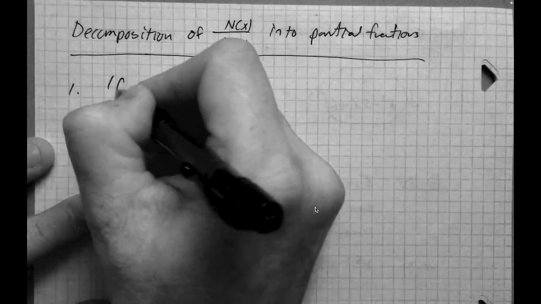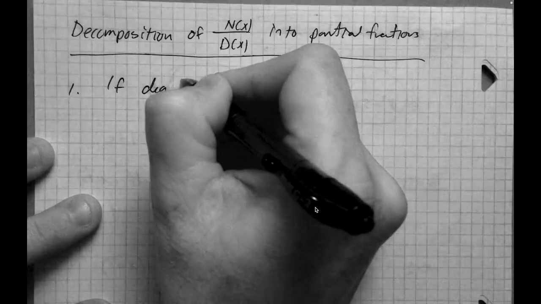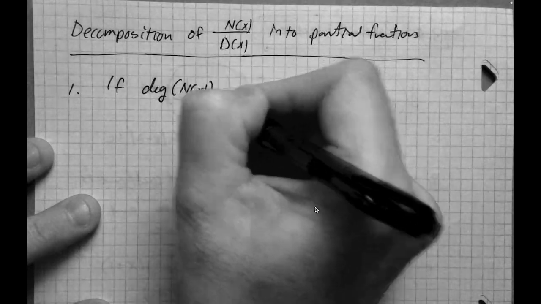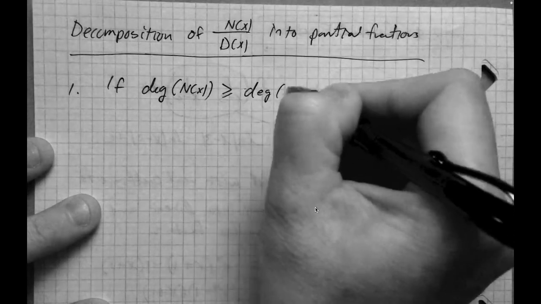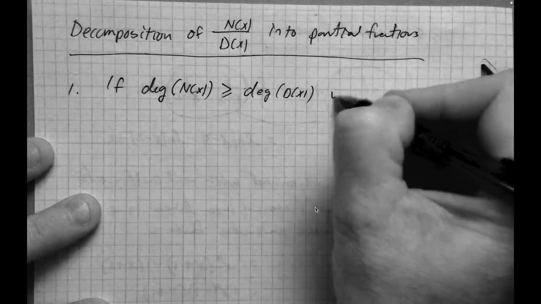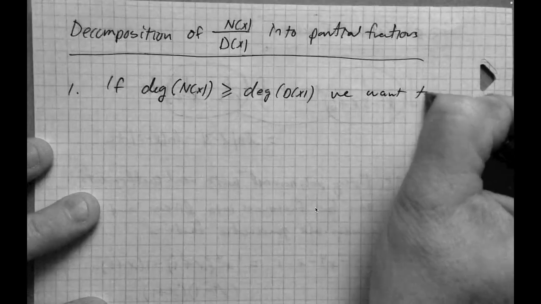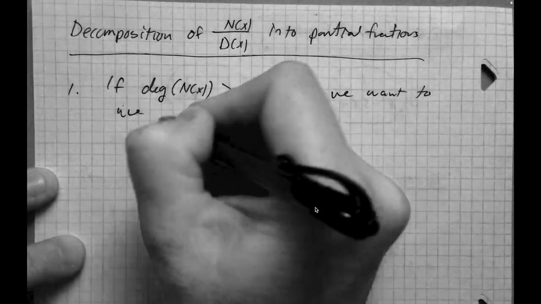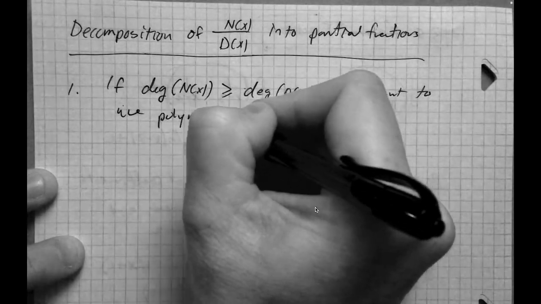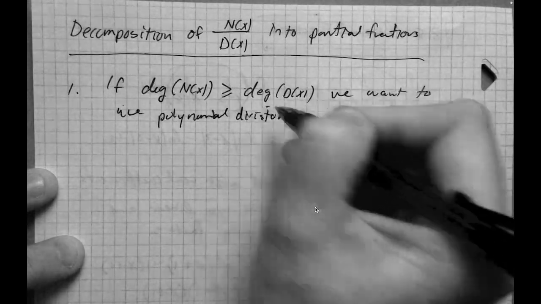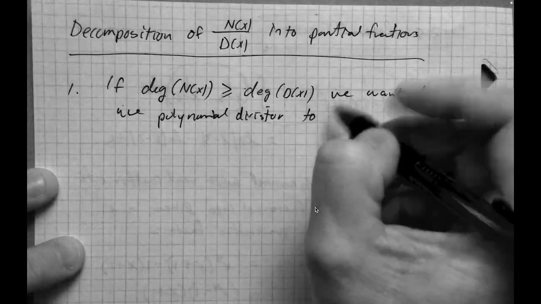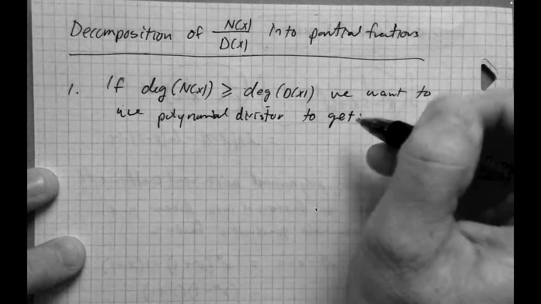So if the degree of n(x) is greater than or equal to the degree of d(x), we want to use polynomial division to get something that looks like this.